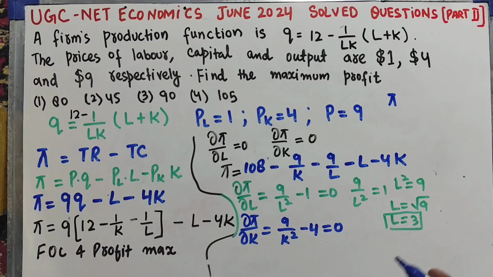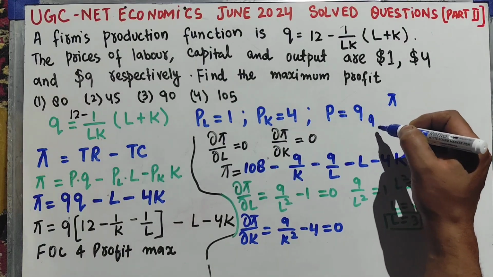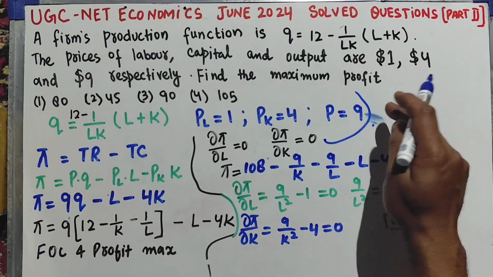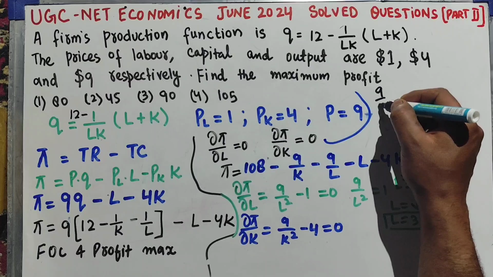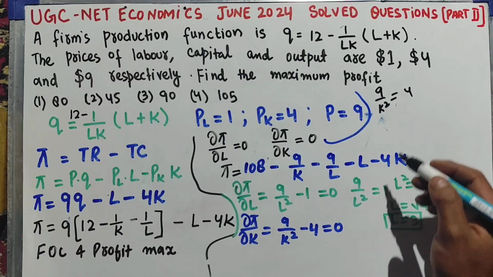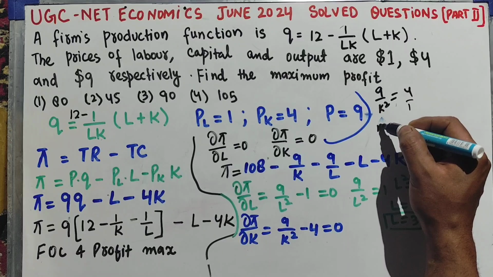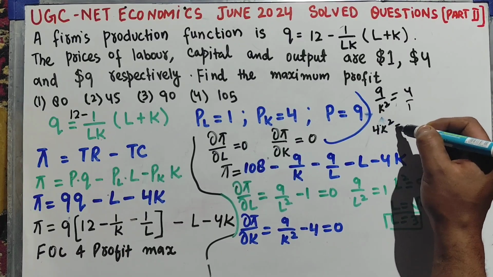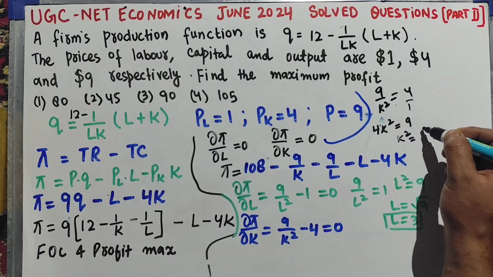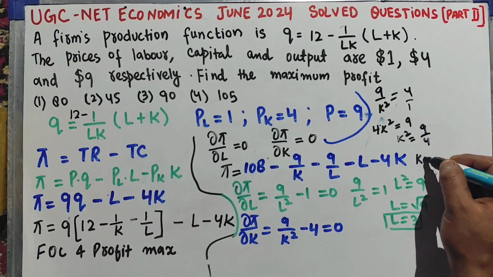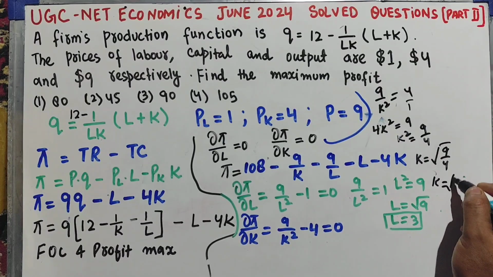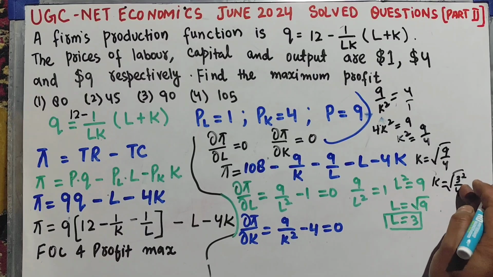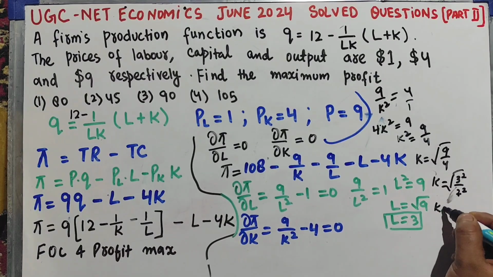Okay, solving it, we have 9 upon k square is equal to 4, or cross multiplying, we get 4 times k square is equal to 9, or k square is equal to 9 upon 4, or k will be equal to the under root of 9 upon 4, so k will be equal to 3 square upon 2 square, so k will be equal to under root of 3 upon 2 whole square.